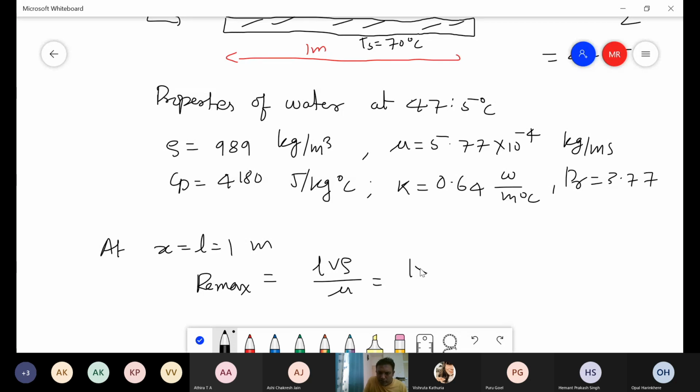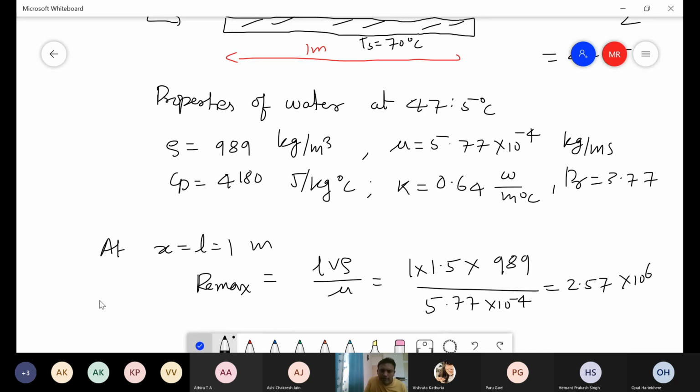So L is 1 meter, V we have already given in the problem, that is 1.5, into rho is 989, by mu is 5.77 into 10 raised to power minus 4. So this comes out to be 2.57 into 10 raised to the power 6, isn't it? Is it clear to everyone?